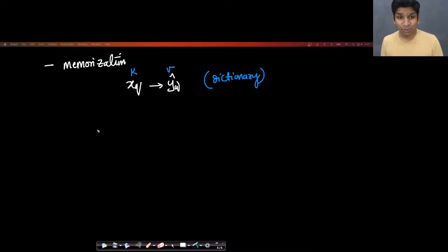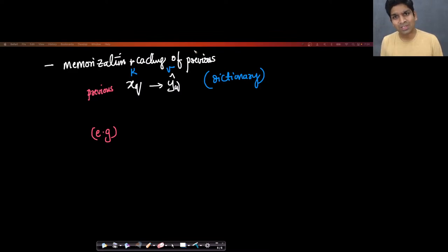But can you give me an example where this would work and where this would not work? It's a good idea. So all the previous XQs and YQ hats which I've already computed, I'll keep them. Can you give me a real world example where memorization plus caching of previous results works, and where does this fail?